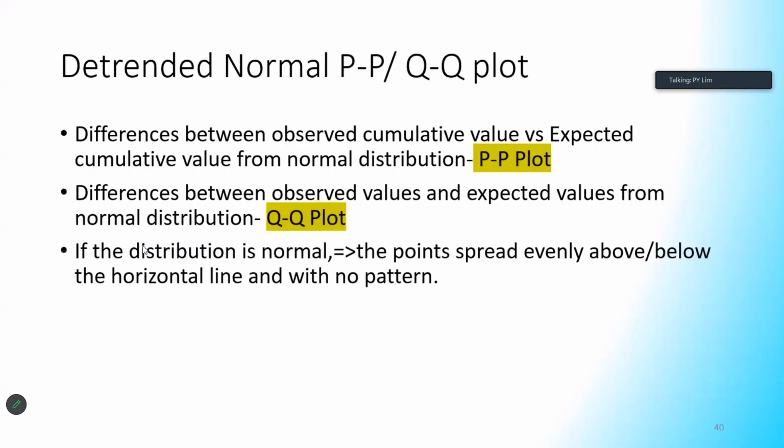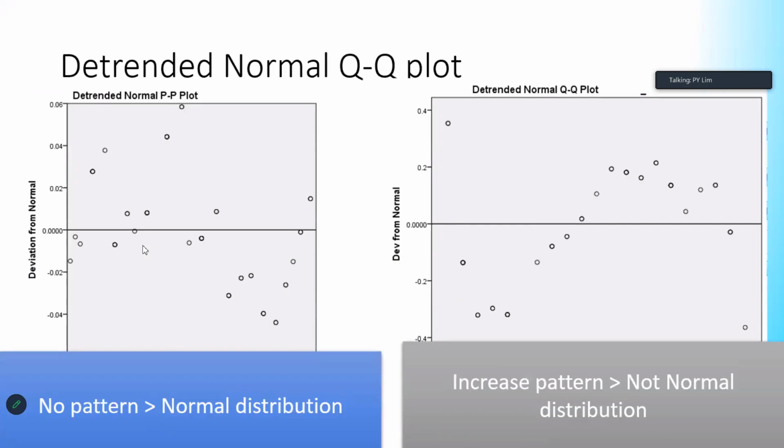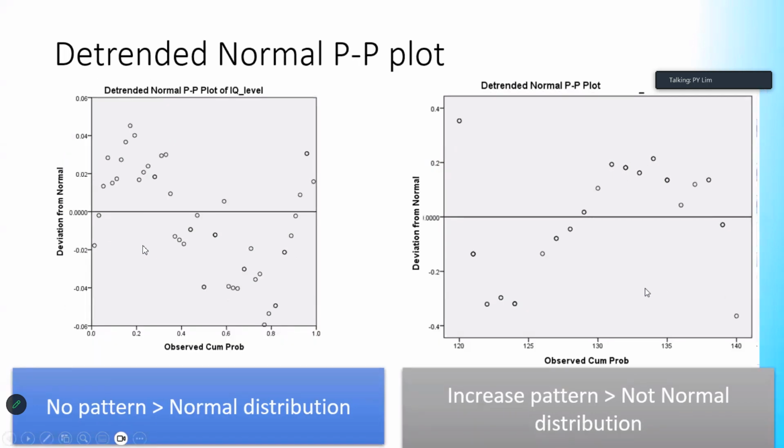Now, the detrended PP plot and QQ plot. If you didn't see a pattern, you see this one is random, you say normal. If you see there is an increasing pattern or decreasing pattern, you say not normal. This one is easy.